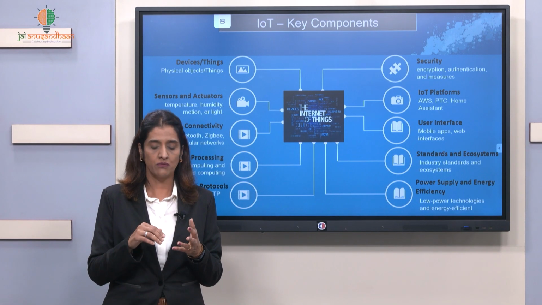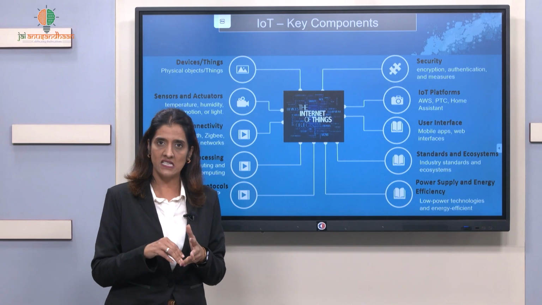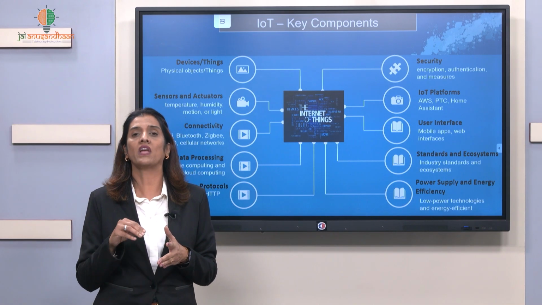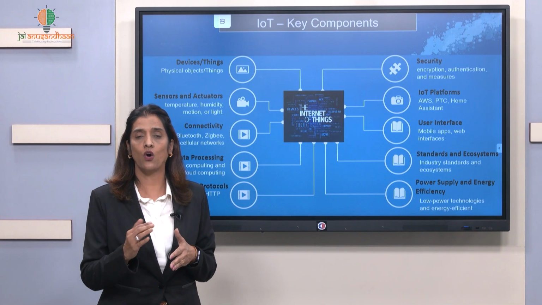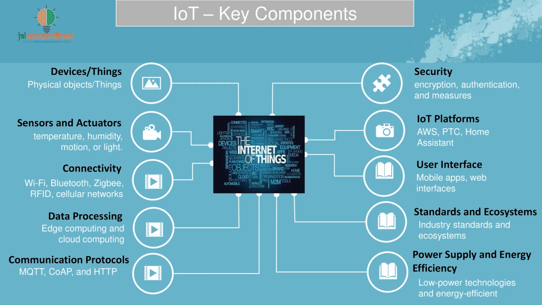Now we have all the sensors and actuators, and we have collected the data. Now we want to process that data or send that data to some place. In data processing there are two types, edge computing and cloud computing.